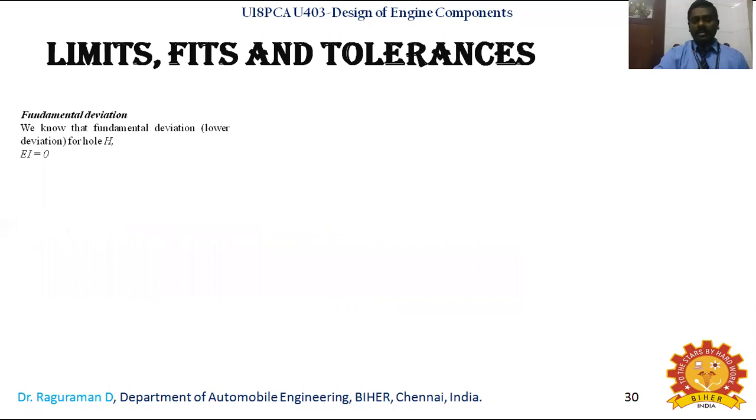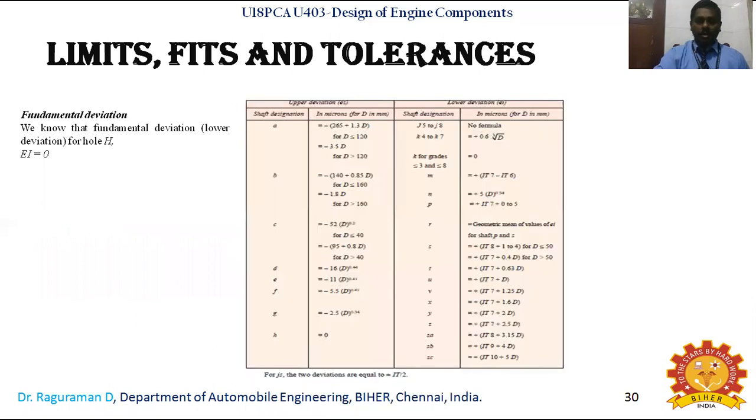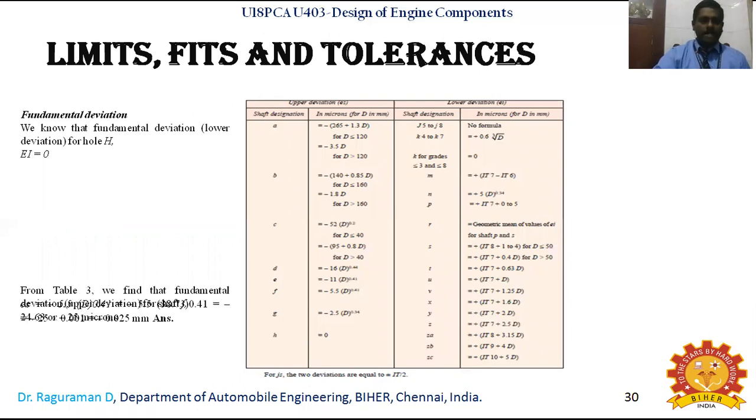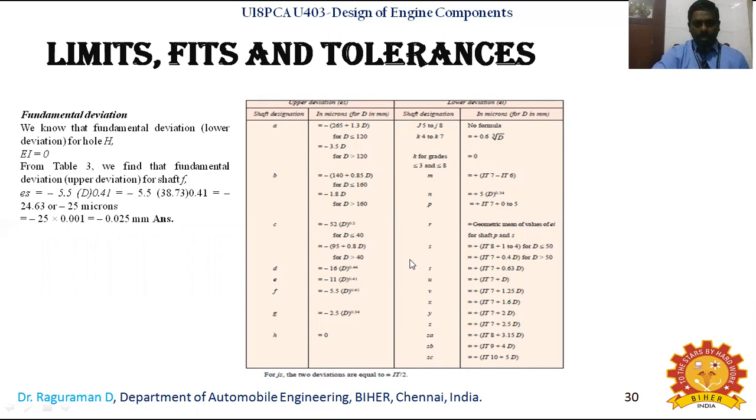So now you can identify the fundamental deviation, as you know the standard tolerance for the hole and shaft. With respect to this table, what will it be for the shaft? The value is 5.5 D to the power 0.41.